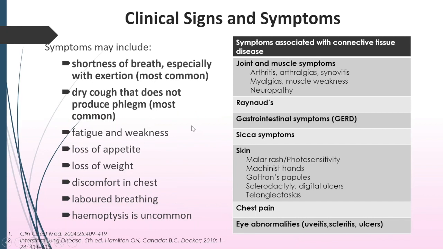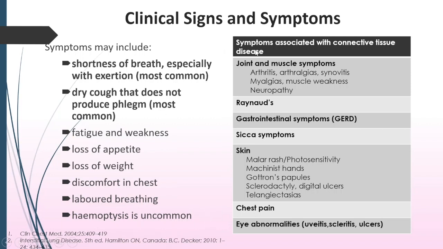Symptoms and signs have a lot of resemblance. The classical symptoms of these diseases are a combination of breathlessness on exertion, which is gradually progressive, with dry cough. That is, there is no phlegm. There may be constitutional symptoms like fatigue, weakness, loss of appetite. Hemoptysis is uncommon.